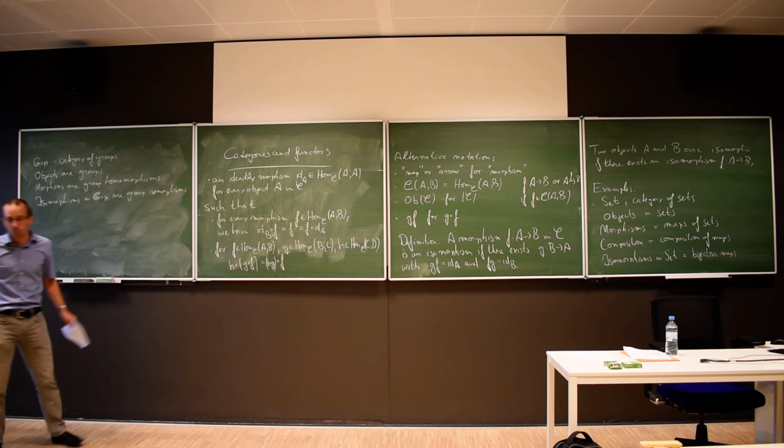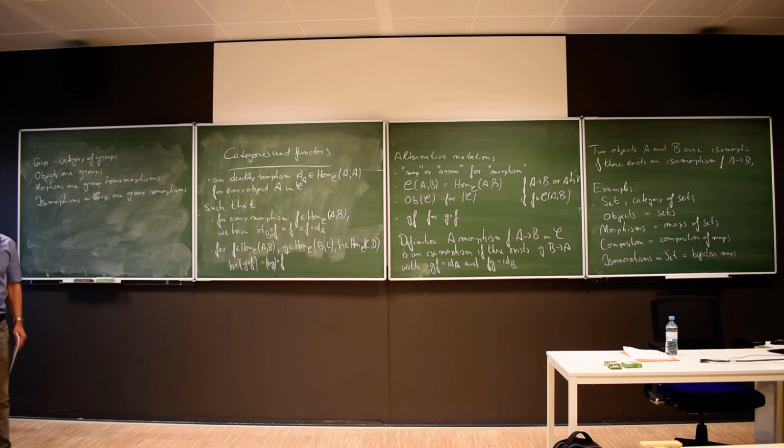So group homomorphisms that have an inverse, or equivalently, group isomorphisms that are bijections on the underlying sets of the groups. So this is an interesting category.